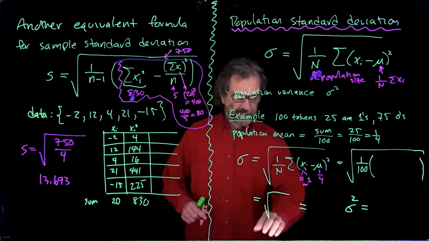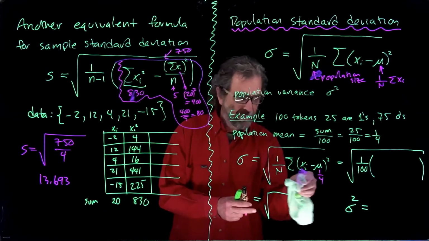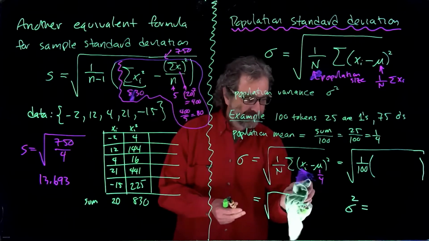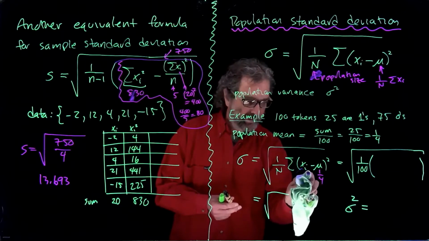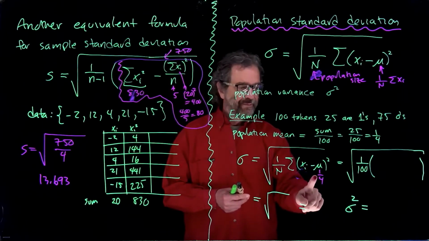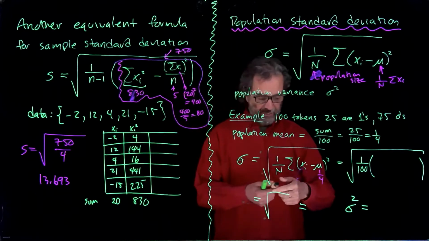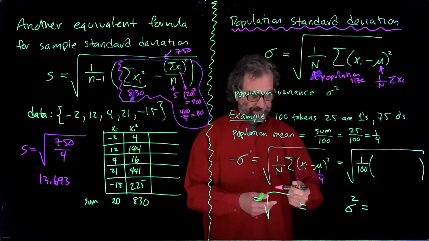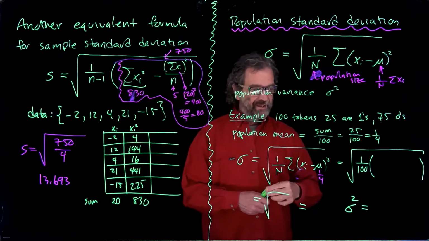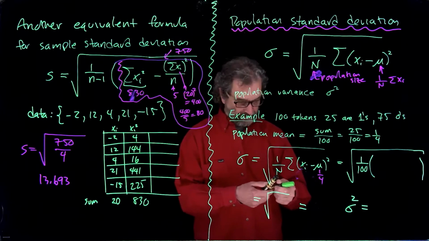If the x's are 1s, I get 1 minus 1/4. That's 3/4 for the 1s. And 3/4 squared is 9/16.